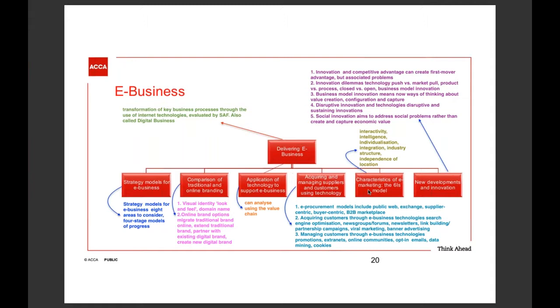So basically, if you want to use internet technologies to pursue your strategy, it goes back to SAF for your evaluation. Bear in mind, every time you have to make your choices and decide which particular options you want to go for, it will always go back to suitability, acceptability, and feasibility.